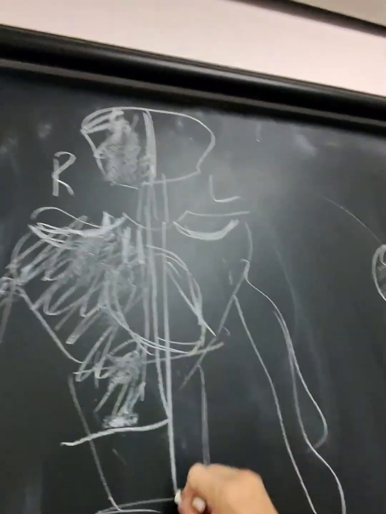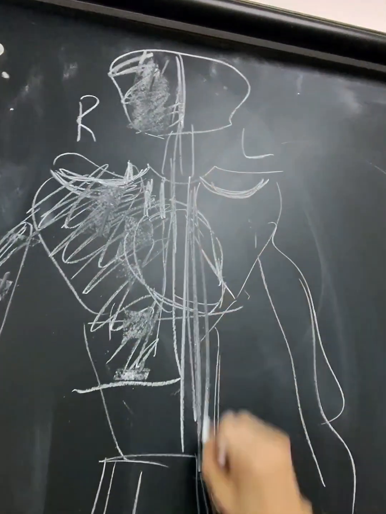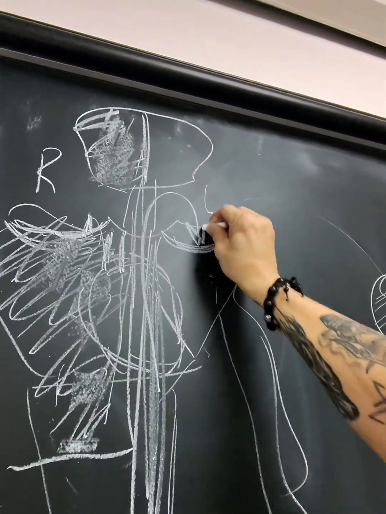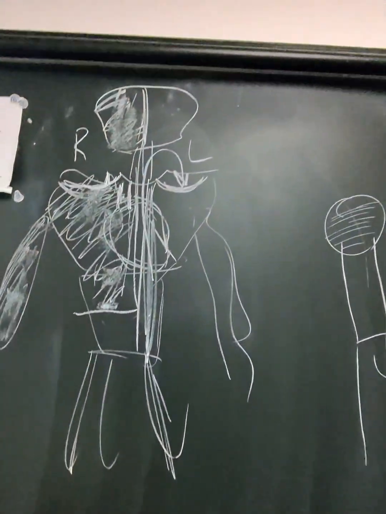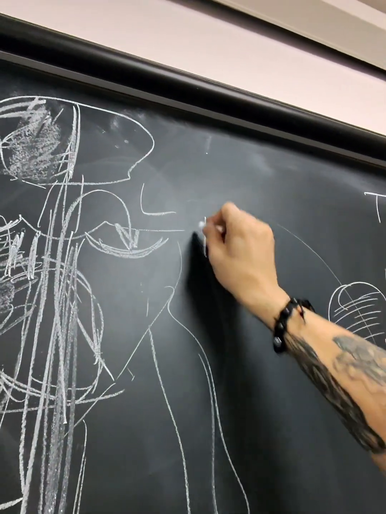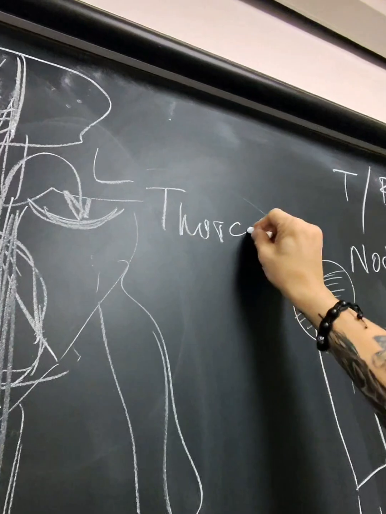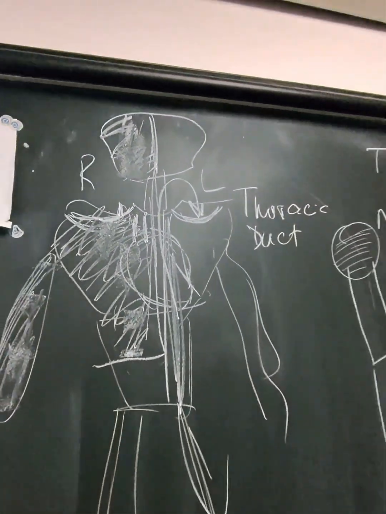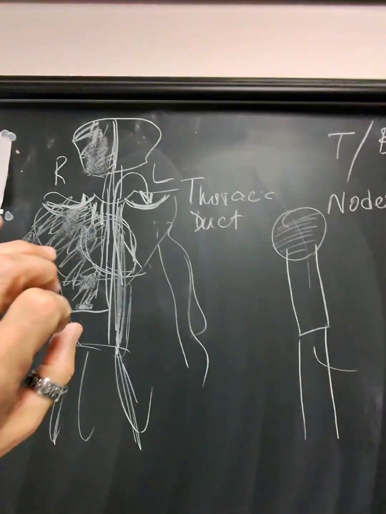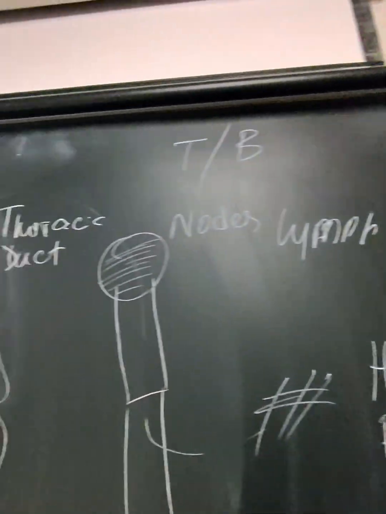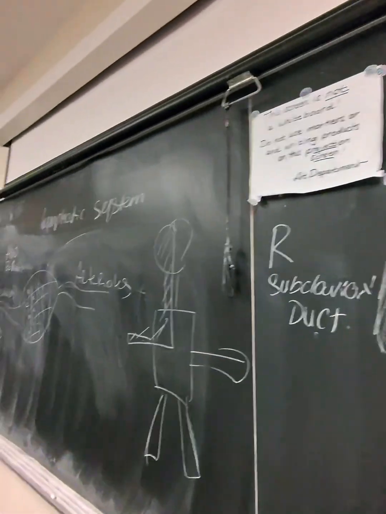So the thoracic duct will run here, and then we will return into the left subclavian vein. So that would be the thoracic duct. That's what I mean, we will return the lymph back into circulation.